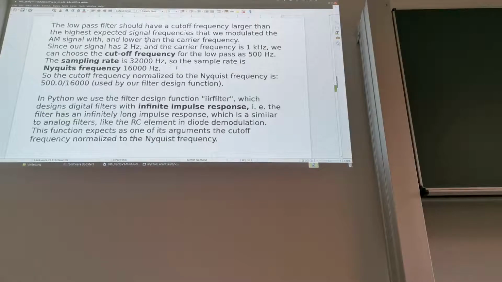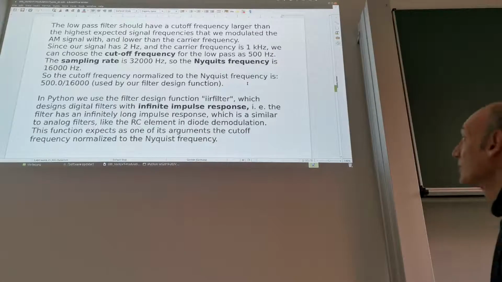Our sampling rate is 32 kilohertz, and so the Nyquist frequency is 16 kilohertz. Yeah, so the cutoff frequency normalized to the Nyquist frequency is 500 divided by 16,000.